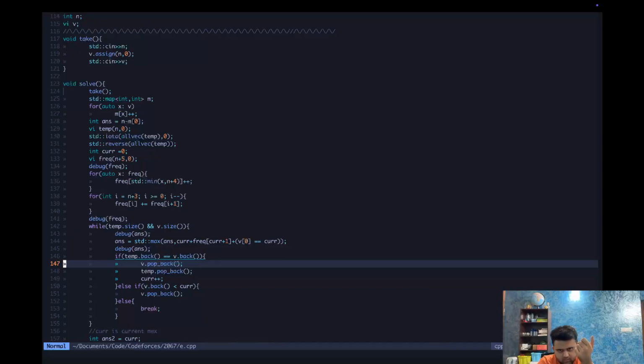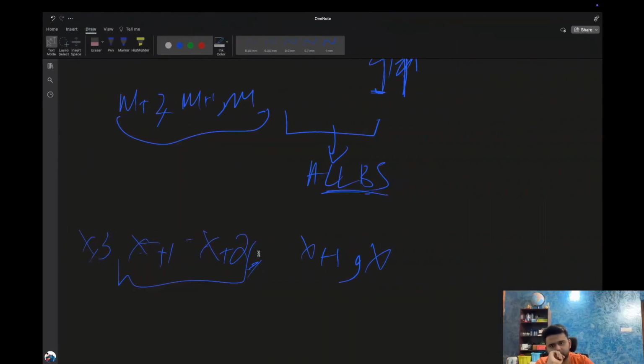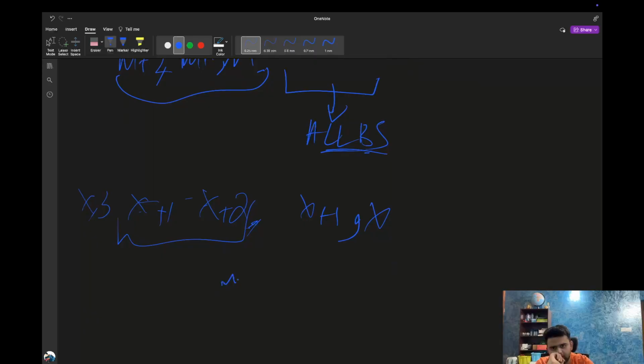But starting should be, if that's that, then okay. But you can also have m plus 1, m plus 2, m plus 3. The point is, I won't be taking this, because that's the issue.